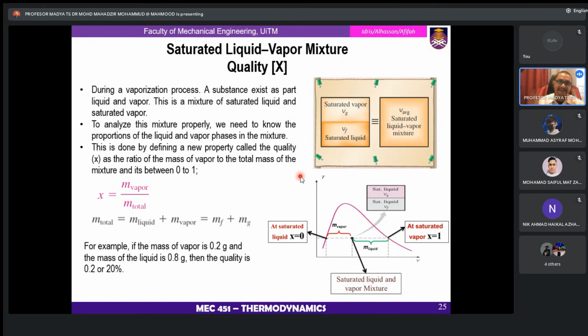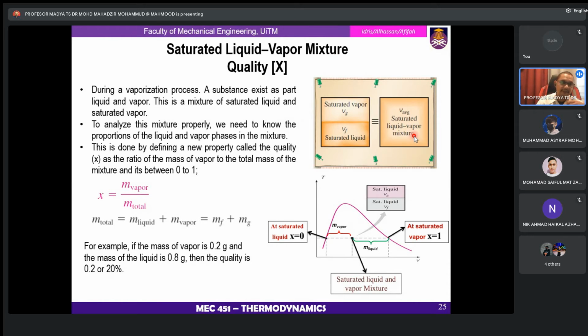To analyze these mixture properties, we need to know the portion of the liquid and vapor phases in the mixture. For example here, in one system, it has two phases, one is vapor and another one is liquid.